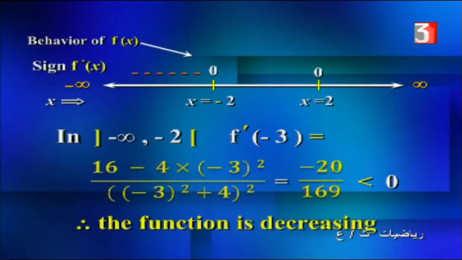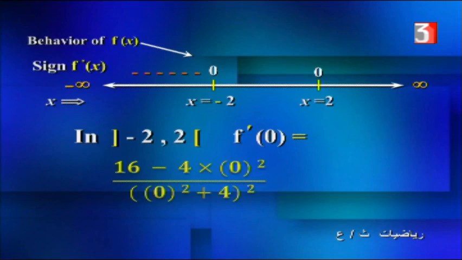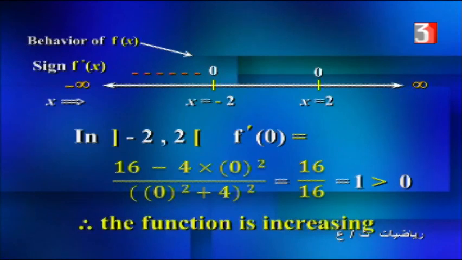In the open interval negative 2 to 2, f'(0) equals 16 minus 4 times 0 power 2 over (0 power 2 plus 4) all power 2 equals 16 over 16 equals 1, which is bigger than 0. Then f'(x) is positive in this interval and the function is increasing in the open interval negative 2 to 2.